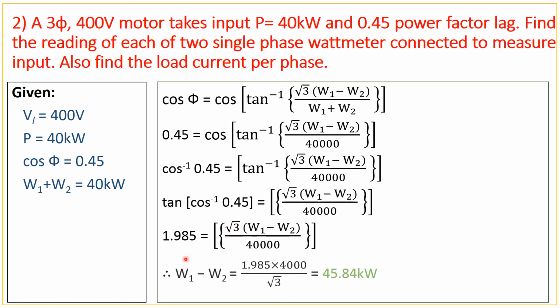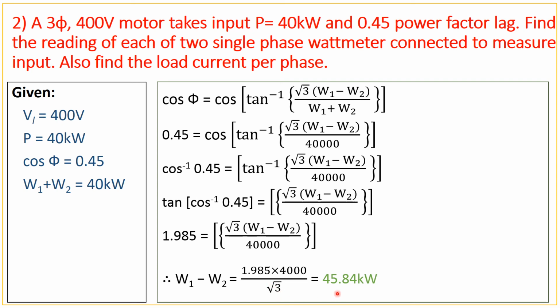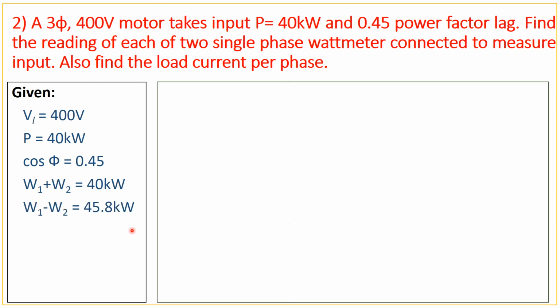So W1 minus W2 is equal to 1.985 into 40,000 divided by root 3. You will get 45.84 kilowatt. So remember this. So you have now W1 plus W2 as 40 kilowatt and W1 minus W2 as 45.8 kilowatt.